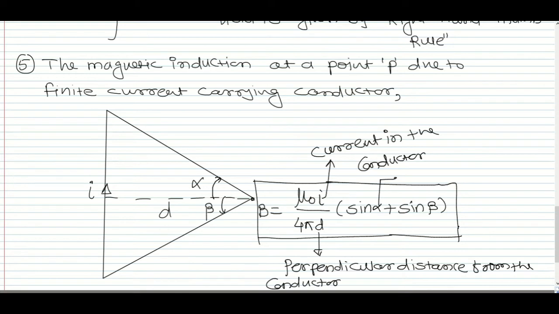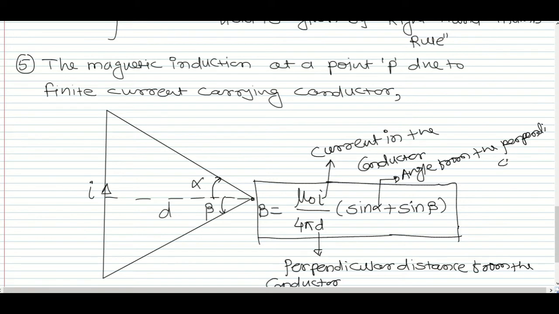Alpha is the angle from the perpendicular to the upper end. Beta is the angle from the perpendicular to the lower end. So all these terms are very very important.